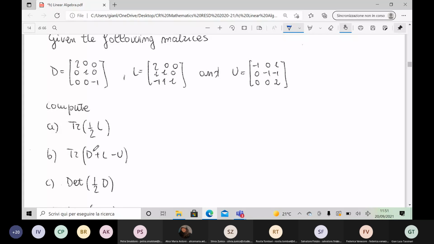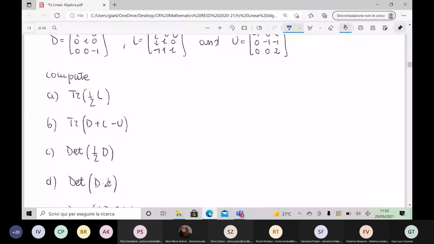So it is 1/2 to the power 3 times the determinant of D. But since it is a diagonal matrix, you can compute the determinant immediately as 2 times 1, which is 2, times minus 1, is minus 2. So the determinant of D is minus 2, times 1/8 is minus 1 over 4 if you do the computation. Okay, guys.